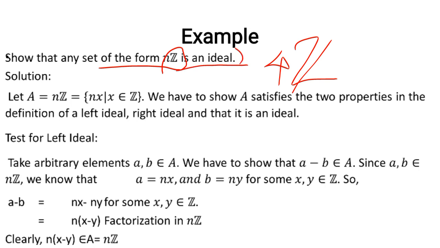To show it's an ideal, remember what an ideal is: it's both a left and a right ideal. So it's a ring modulo multiples of n, where n could be any number, because it's not specific. But I could choose to give you a specific number, and to show it's an ideal is the same procedure, just that n will now be a number.